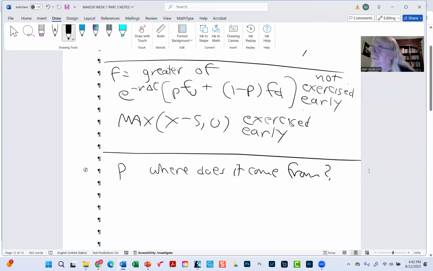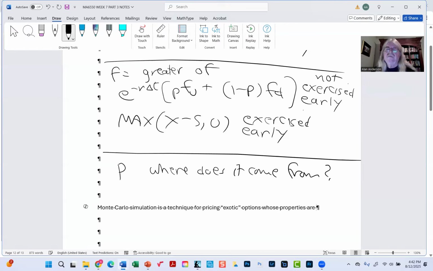So once that's done, I think we can move on to the next discussion, which is Monte Carlo simulation. It's a technique for pricing what are called exotic options, whose properties are too complicated to price with the binomial pricing model, or certainly Black-Scholes.